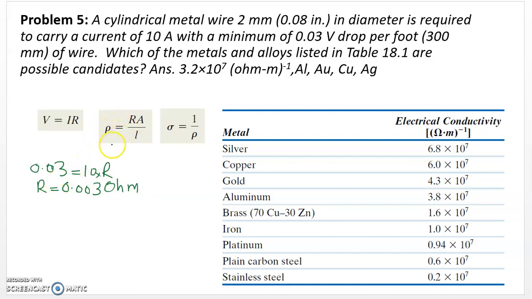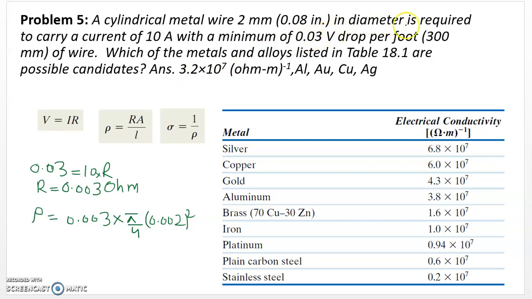Next we can find the resistivity. Resistivity is 0.003 ohm multiplied by the cross-sectional area, pi divided by 4 times the diameter squared. The diameter is 2 millimeters, so it is 0.002, and then the length.